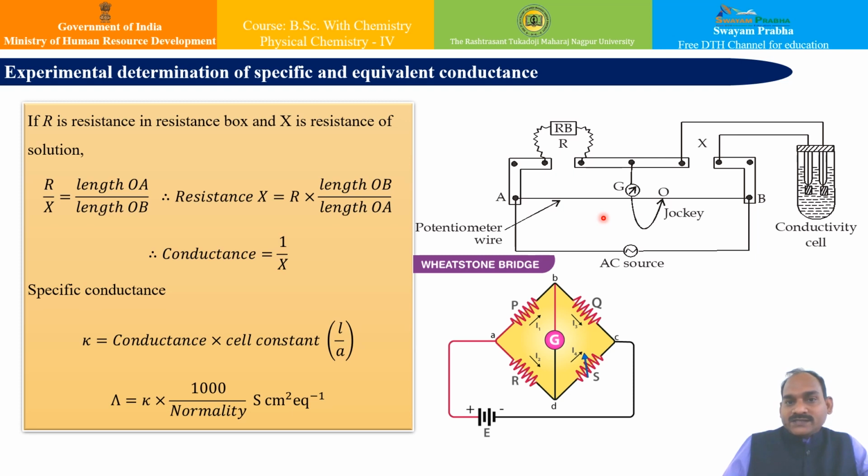Now in this technique, direct current cannot be used because it would cause electrolysis and concentration changes at the electrodes. If gas is liberated, it will increase the resistance at the polarization, which opposes the passage of current.